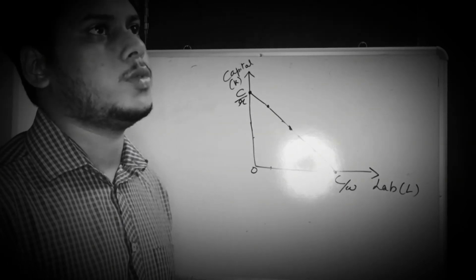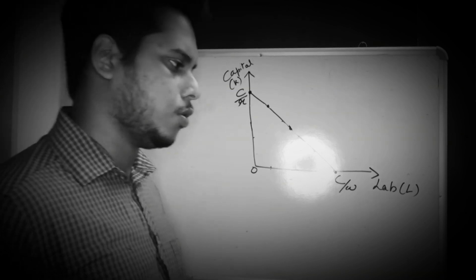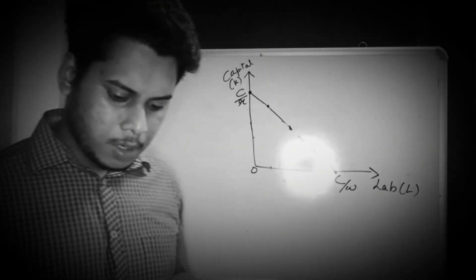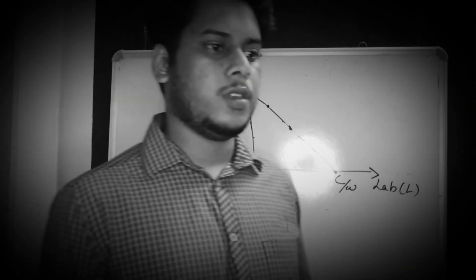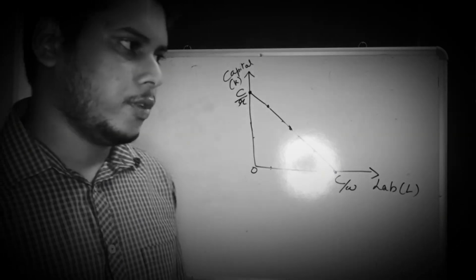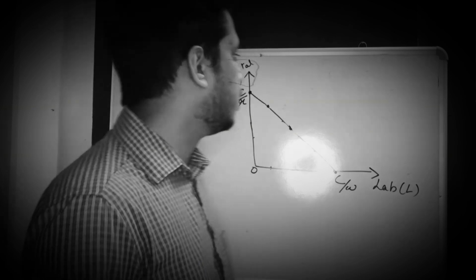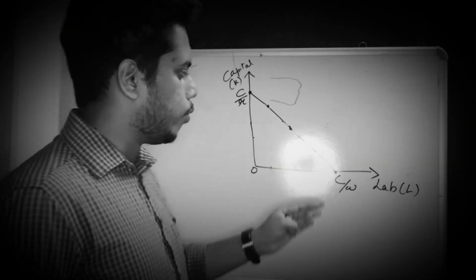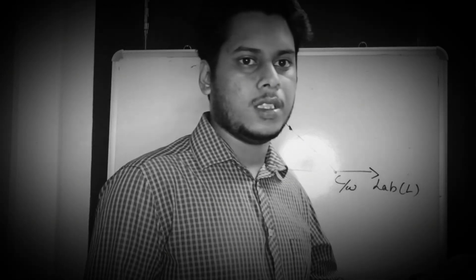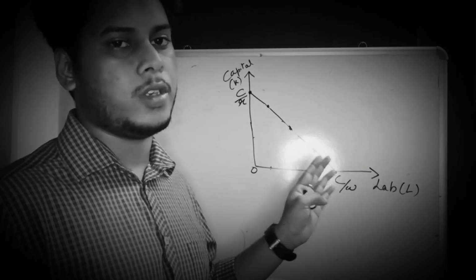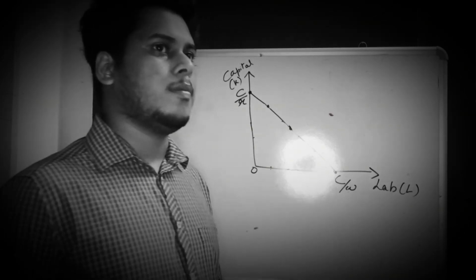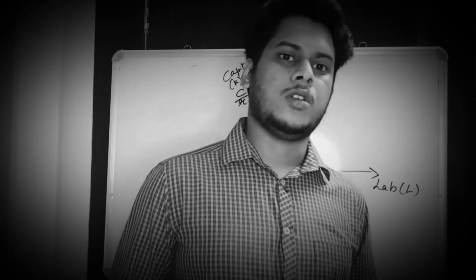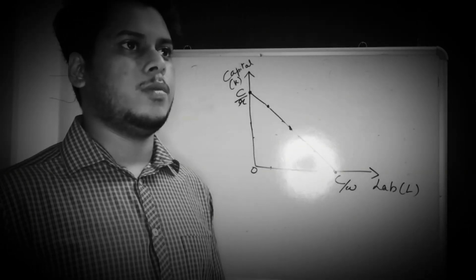Now the slope of any curve shows what will be the change in one variable if the other variable changes. Or you can say, what will be the change in capital if one unit of labor changes. So slope shows the marginal change in the production function.